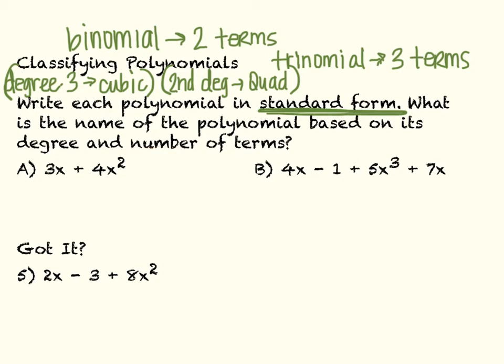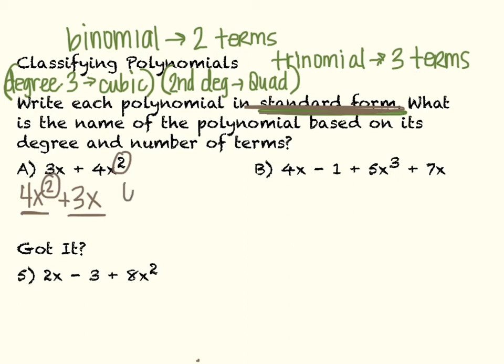let's put it in standard form. And what I mean by standard form is you want your biggest degree term first. So that's going to be this squared, so I'm going to write 4x squared, and then the 3x. And that is a binomial, and the highest degree is degree 2.